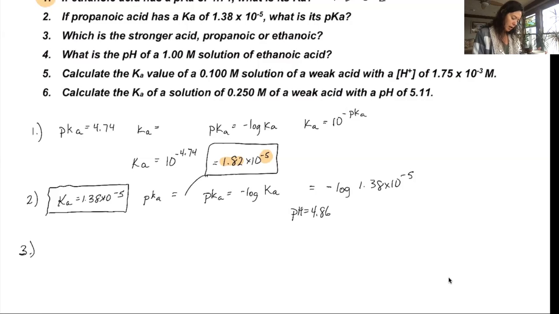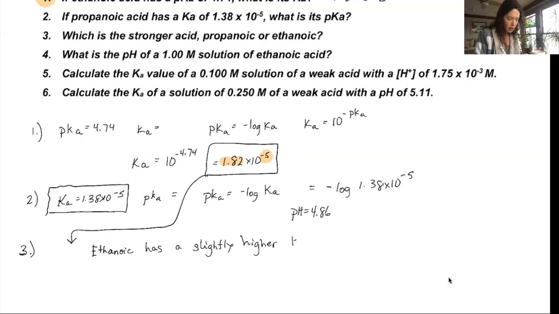And it looks like ethanoic is a little bit bigger, right? So ethanoic has a slightly higher Ka and therefore dissociates more, okay?